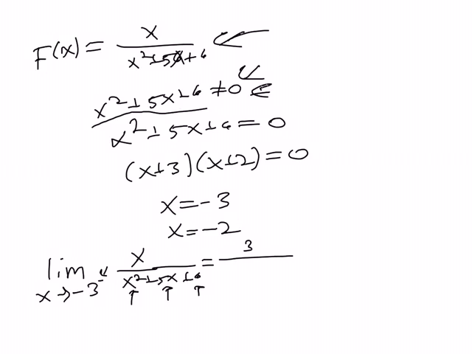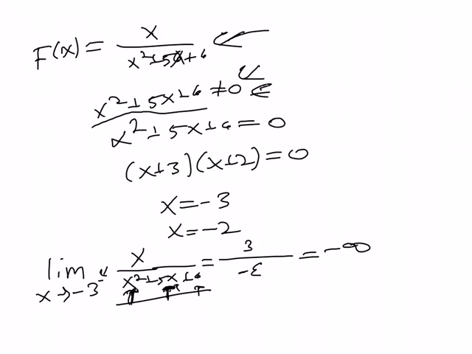So this is going to be like 3 over an epsilon, meaning a really, really small number, and when approaching from the left it is going to go to negative infinity.